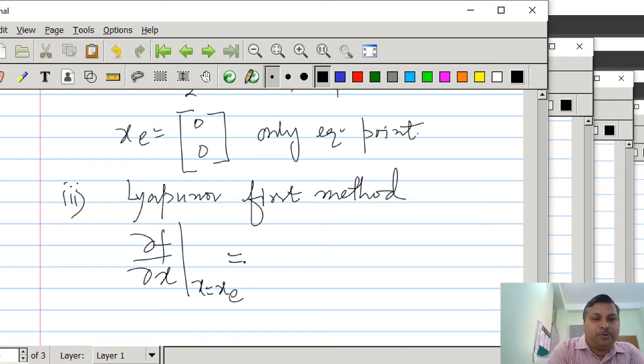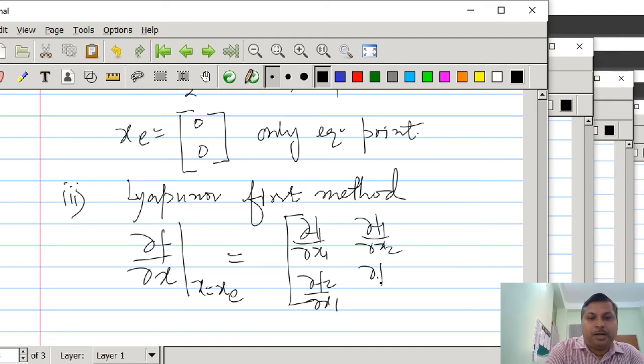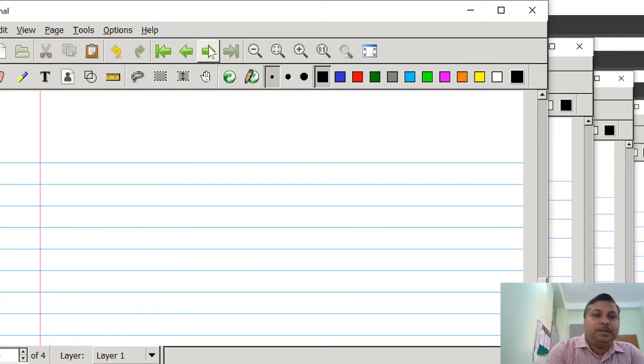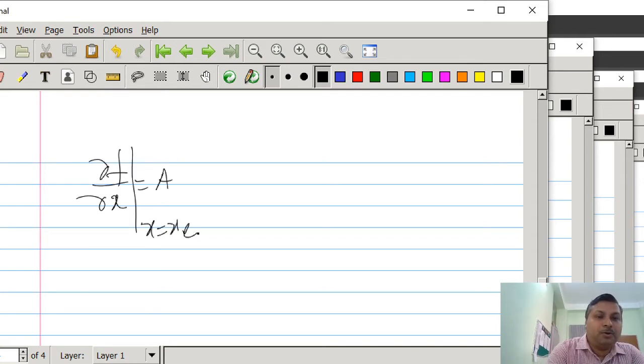It will be del f1 by del x1, del f1 by del x2, del f2 by del x1, and del f2 by del x2, and that you have to compute at x equal to xe. That is basically A.